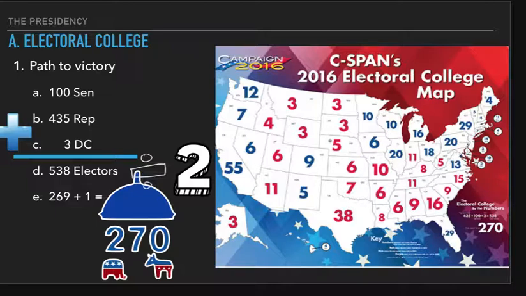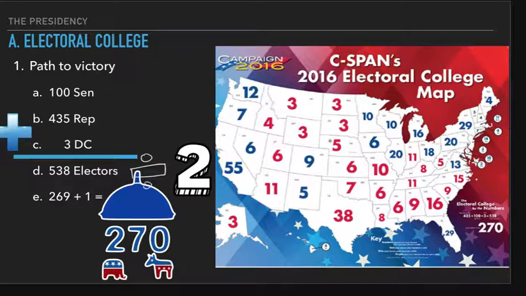This is a formula that you should be familiar with. I don't know that I'm going to ask you to write it all out, but you should be familiar with each of the steps, how we get to 270. So we have the senators, we have the representatives, we have the 3 from D.C. We take all that, we divide it by 2, we add 1, we get 270. So when we are talking about campaigning, we're talking about election, that's the big number that we're looking for.